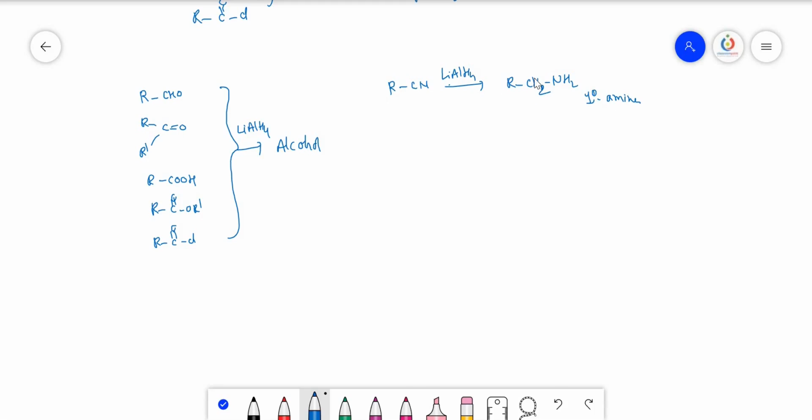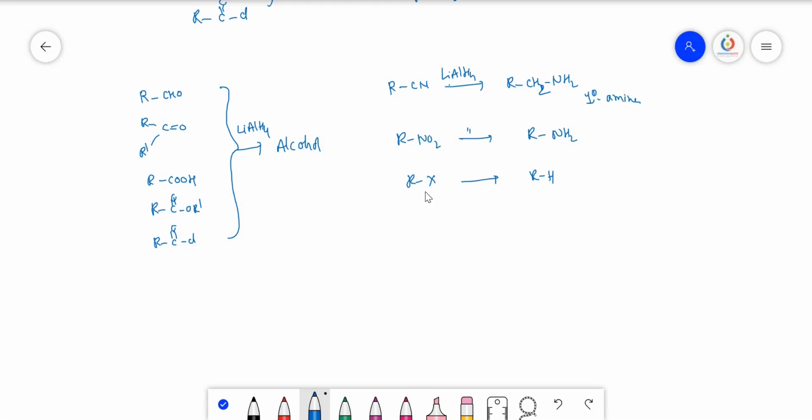It converts nitriles to the primary amines. At the same time, it converts the nitro groups to RNH2. This is also a primary amine, and it converts the alkyl halides to the alkanes.